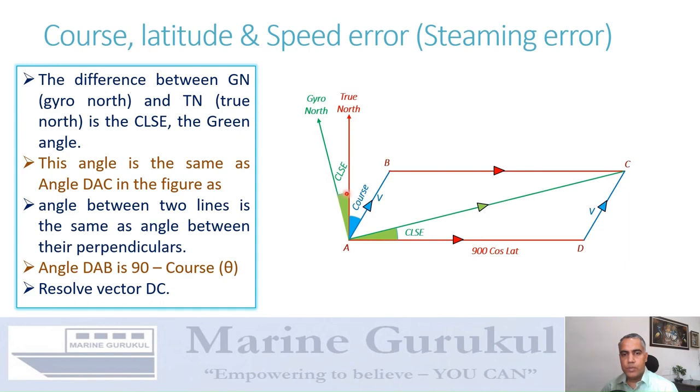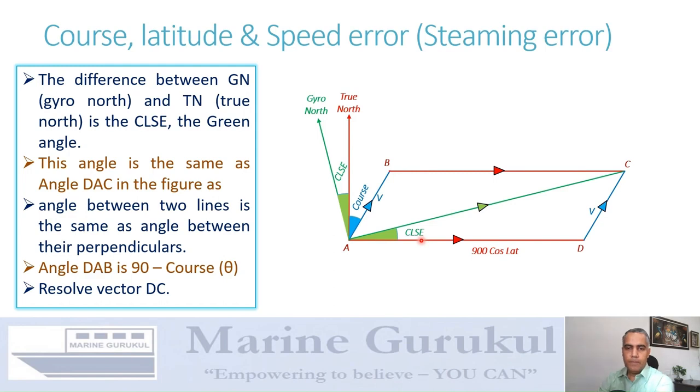So the angle between gyro north and true north will be exactly the same as angle between vector alpha to delta and vector alpha to Charlie. So that explains that the angle delta alpha Charlie, represented as green color angle here and marked as CLSE, is our steaming error.